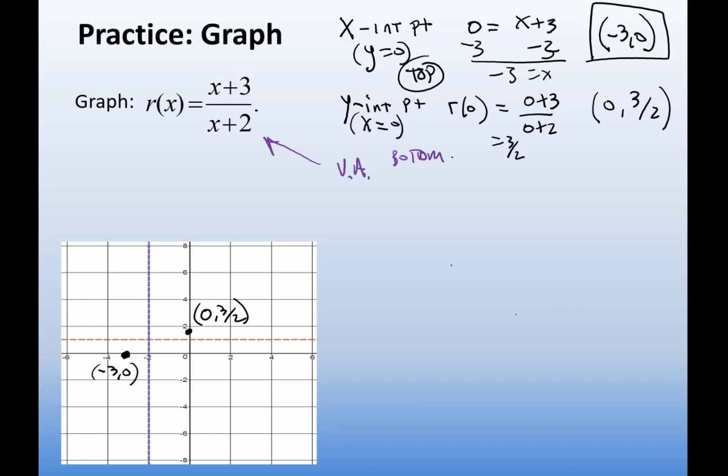And so if we concentrate on the bottom, x plus 2 cannot be 0, because that's where we're dividing by 0, which is undefined. So what we learn from that is x cannot be negative 2 in the domain, which means the vertical asymptote equation is this purple line, x equals negative 2.